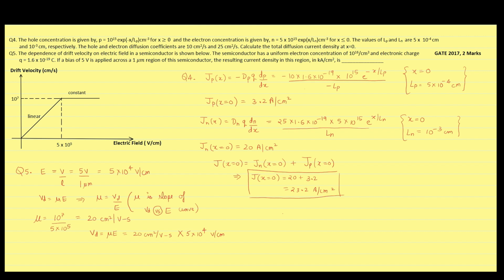And upon calculating, we will find the drift velocity to be equal to 10 to the power 6 centimeter per second. Now, the resulting current density comes out to be equal to 1.6 kiloampere per centimeter square.